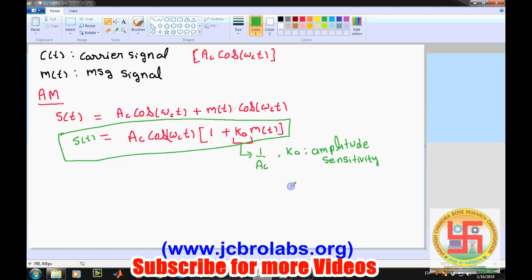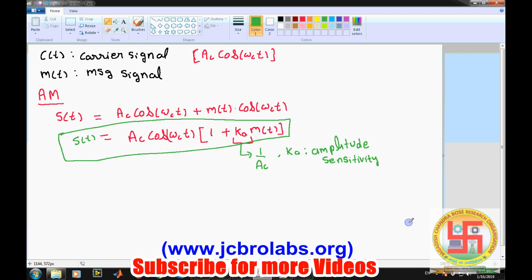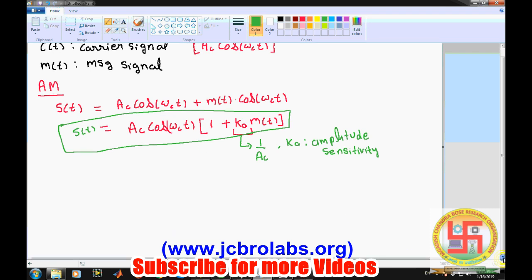There are certain conditions for this amplitude modulation, and those conditions are defined with respect to the modulation index. There is a specific term which is widely used in AM modulation, and that is known as the modulation index, or it is also known as the depth of the modulation.